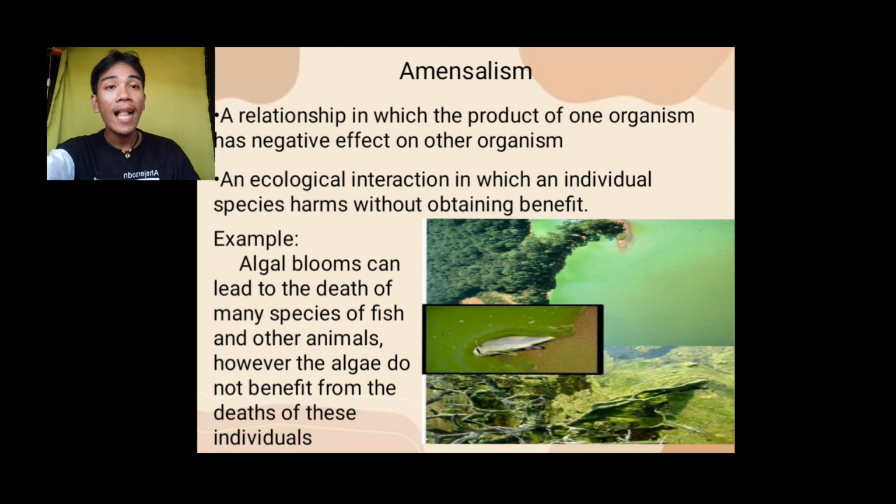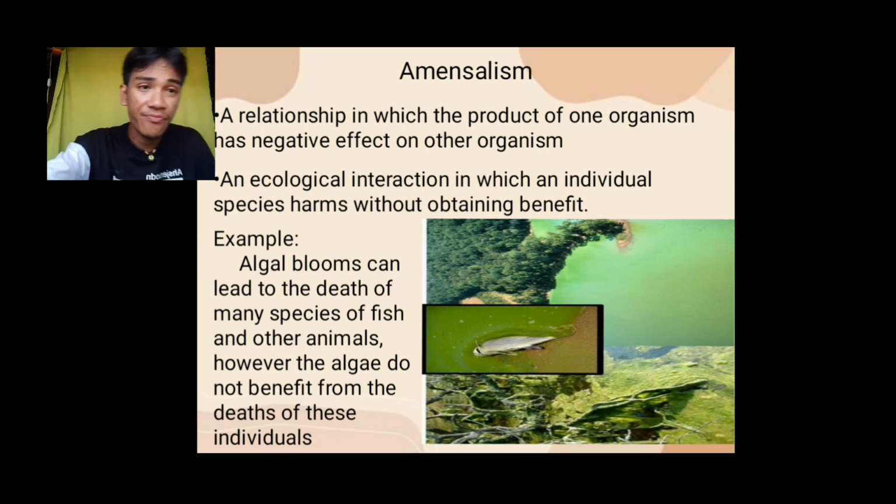So we have here an example of amensalism. The algal blooms can lead to the death of many species of fish and other animals. However, the algae do not benefit from the death of these individuals. Okay, so that is the amensalism. Kumbaga, the product of one organism has a negative effect on other organisms.